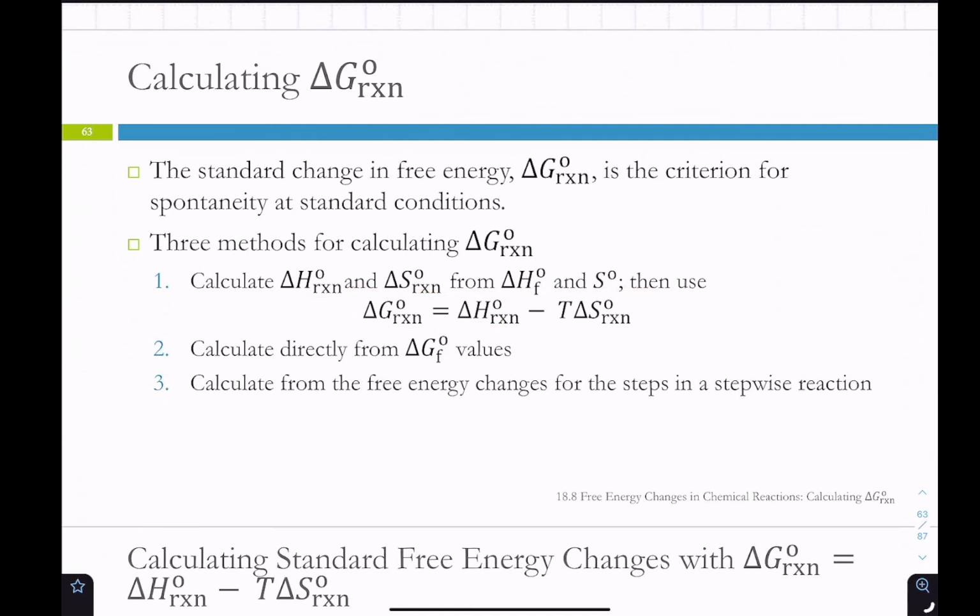Or you might have Gibbs free energy values for reactions. And then based on how you add those reactions together to get an overall reaction, you add, subtract, or multiply to calculate an overall Gibbs free energy for the reaction that you're interested in. Or you can calculate from the free energy changes for the steps in a stepwise reaction, which I guess is what I was talking about.